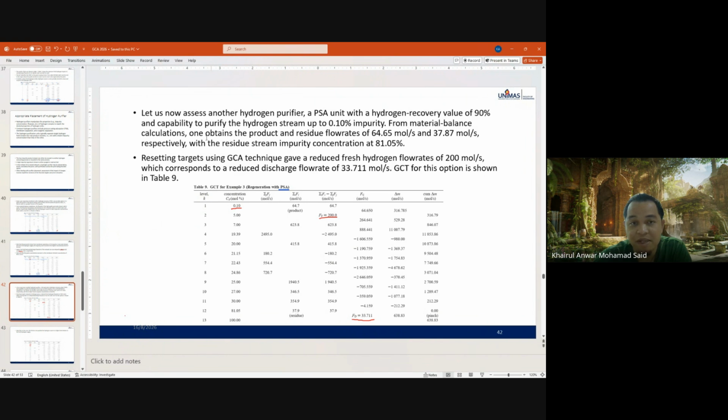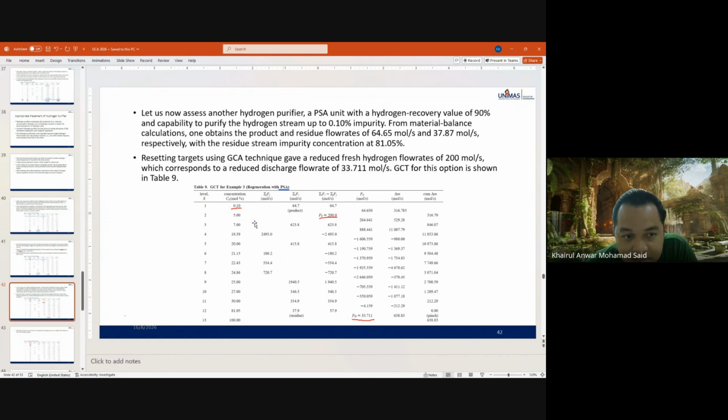So from material balance, one obtains the product of 64.65, which is the purified one, and the residue from the PSA is 37.